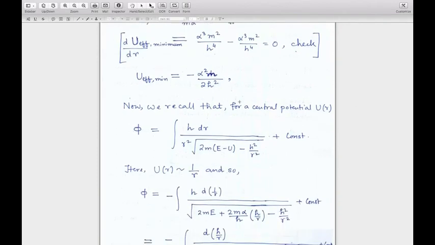Now we recall that for an arbitrary central force U of r, phi, that is the angle subtended by the particle at the center, by virtue of sweeping its position vector with time, the angle swept is given by phi equals the integration over h dr by r square root of 2m(E minus U) minus h square by r square, plus an arbitrary constant of integration.